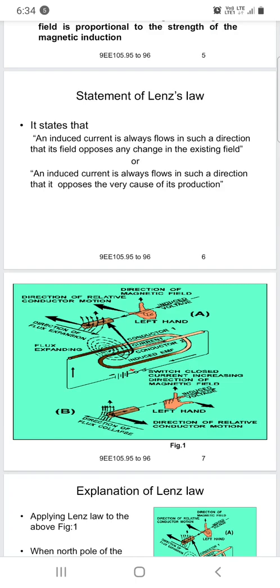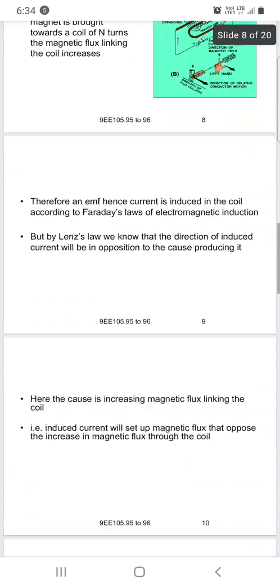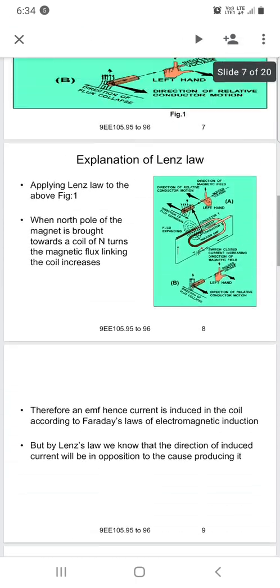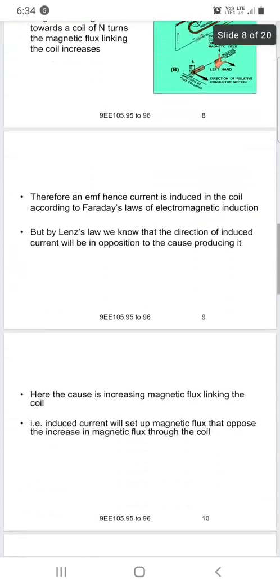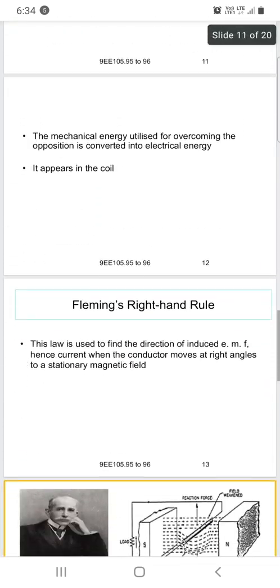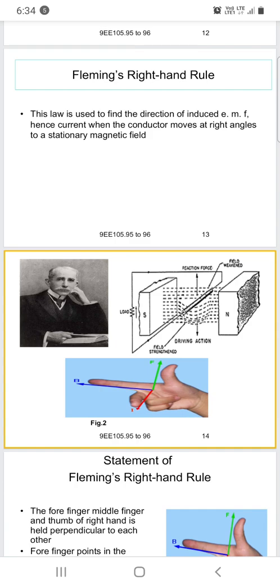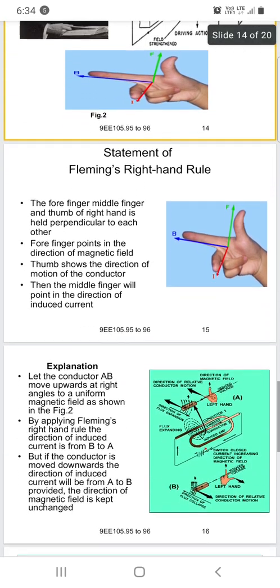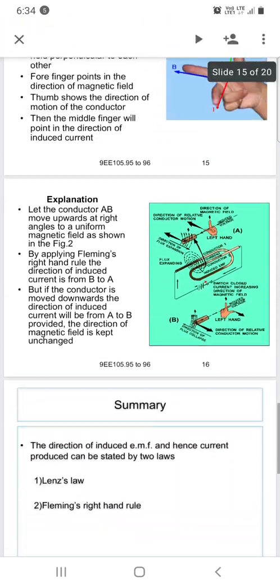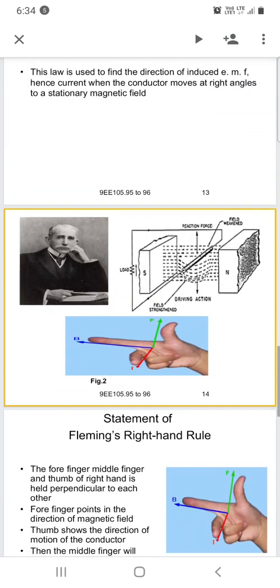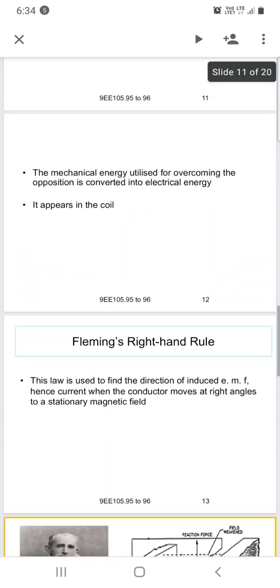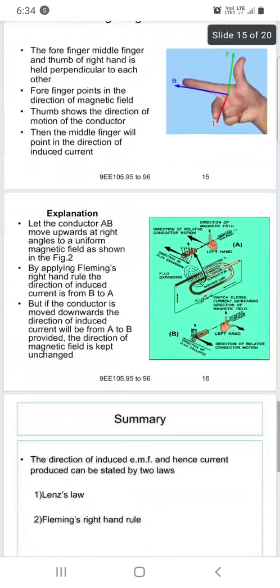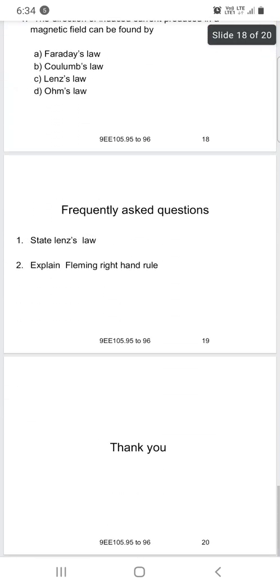Just observe this figure for Lenz's law, and this figure for Fleming's right hand rule, then you can understand easily. Okay, thank you.